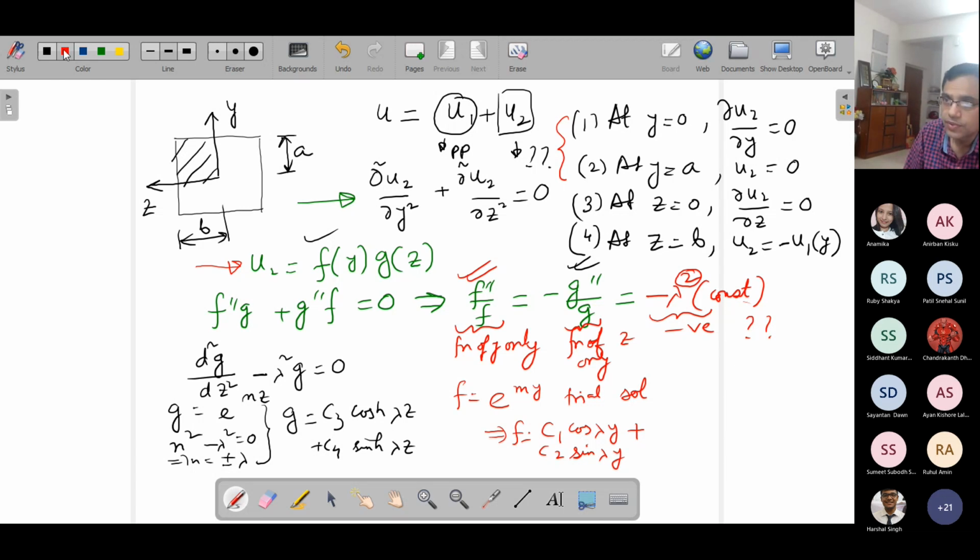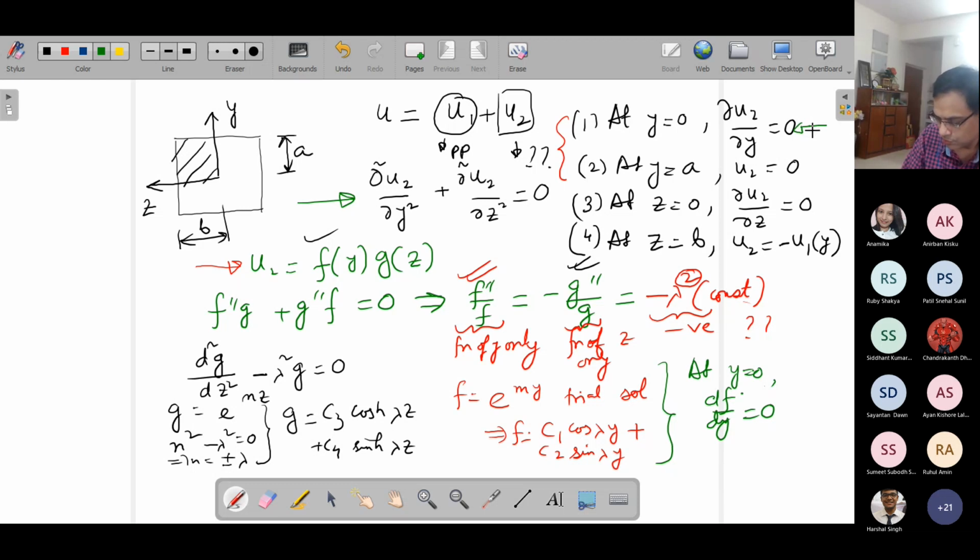I'm just freeing up some space so that I can write it here. At y equal to 0, you have, sorry, not d2f dy2, df dy equal to 0 from this.